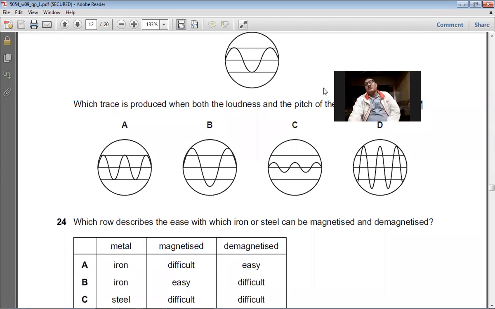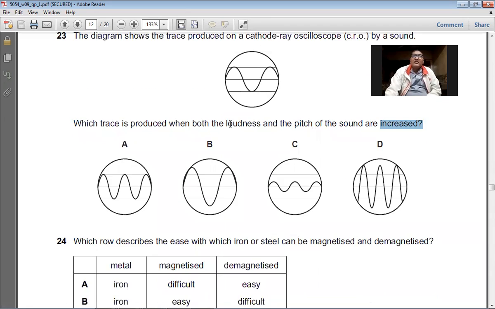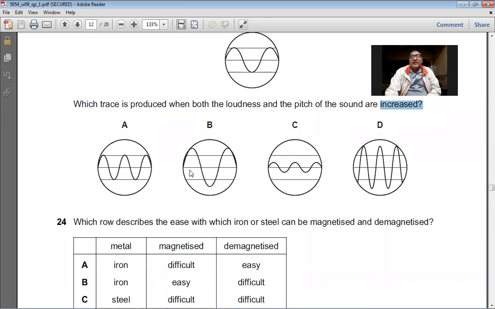For the loudness to increase, the amplitude should become larger, more than 1. Here the amplitude, from the mean position, is just 1. So the amplitude should become larger and the time period should decrease. On the display, the frequency should be more, so there will be more waves showing.